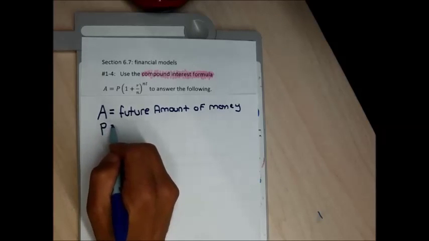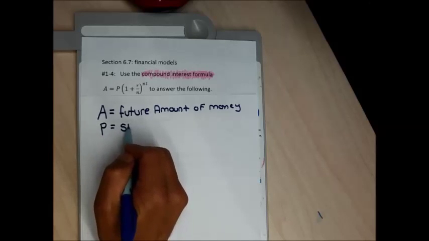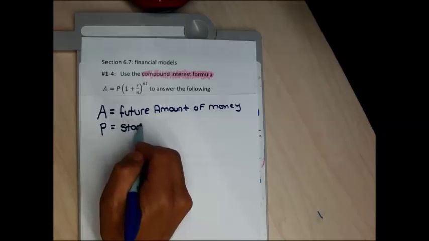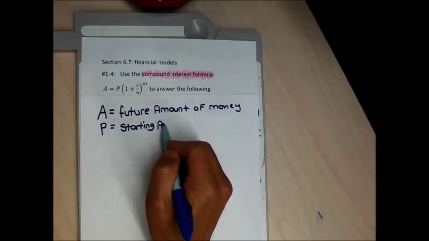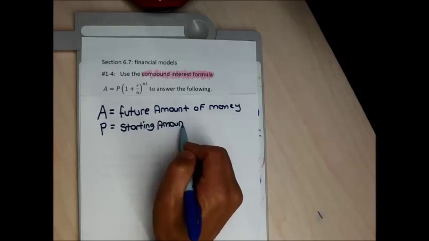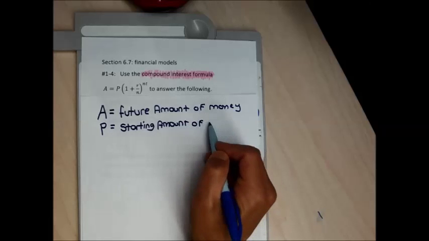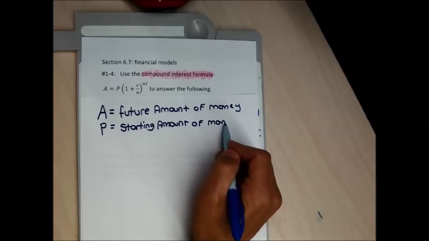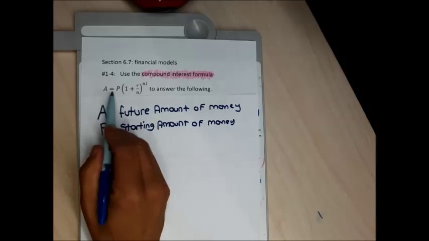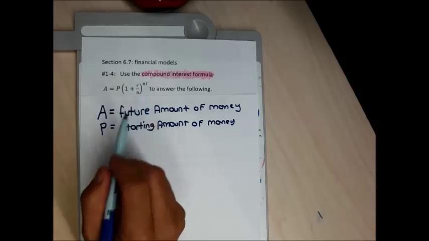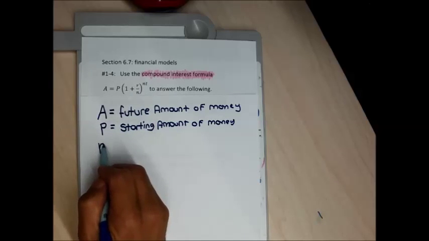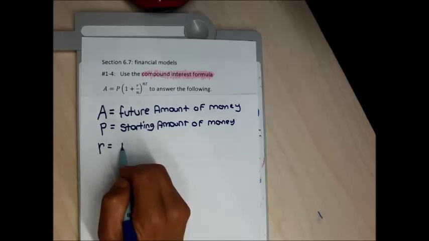The P in this formula is the starting amount of money. So there's only one A and one P. Inside the parentheses there's an R, and the R is named perfectly. It's the interest rate as a decimal.